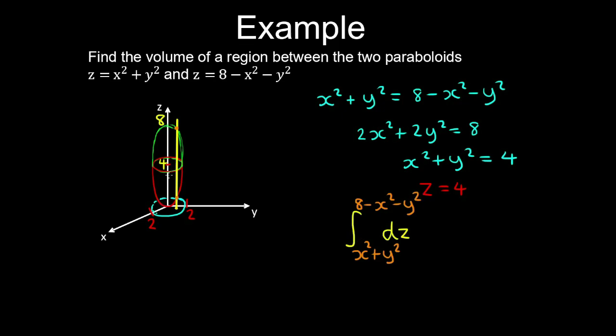And then we can either integrate with respect to y or x. So if we draw a line through the planar region, being the circle, then from this equation, we have y squared is 4 minus x squared, and therefore y is plus or minus the square root of 4 minus x squared.